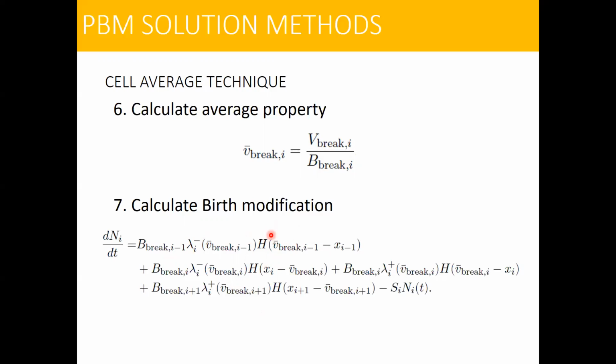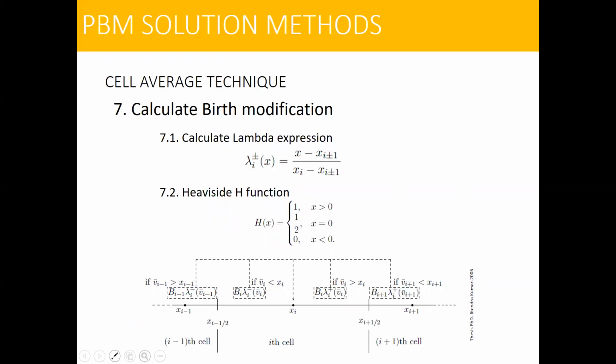Each particle has 4 options to be located or reassigned in the neighboring cells. If the size of the particles is greater than the representative size of the cell, -1. If the size of the particles is less than the mean value of the cell x. If the particle is larger than the representative size of the cell. And finally, if the particle is less than the mean value of the cell +1.